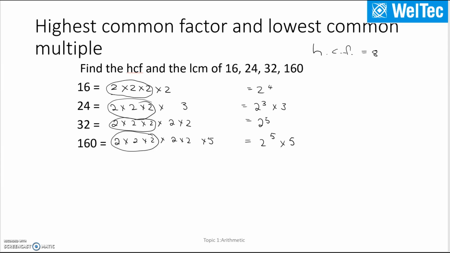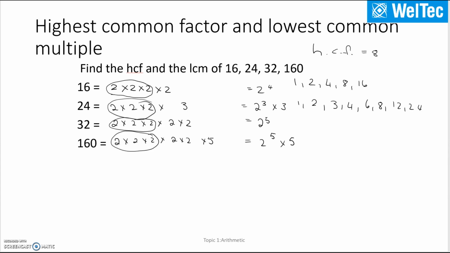What we could also do is list the factors. So we could list that the factors of 16 are 1, 2, 4, 8, and 16. The factors of 24 would be 1, 2, 3, 4, 6, 8, 12, and 24.